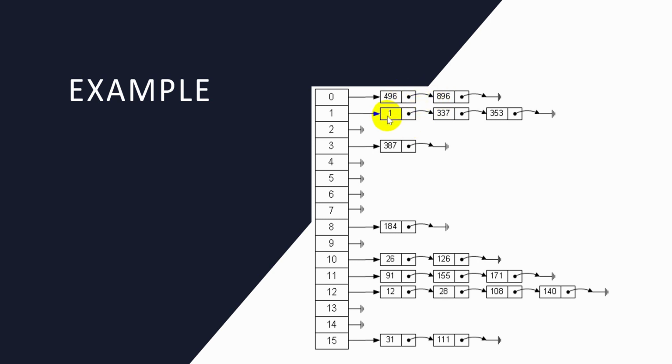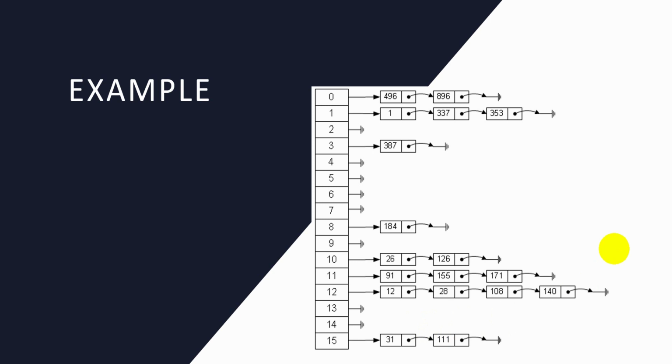For other numbers, such as 1, which has a remainder of 1, it goes behind 1. 387 divided by 16 has a remainder of 3, so it goes behind 3. And then for each number, we can divide it by 16 and find the remainder and then put it in the line of the remainder.